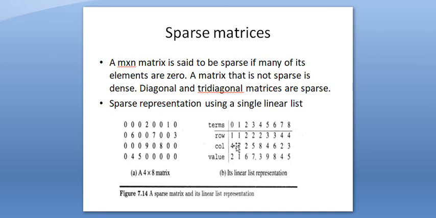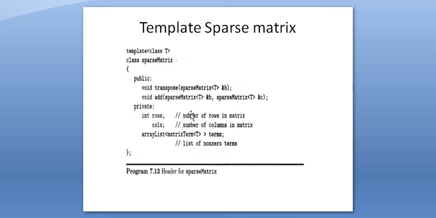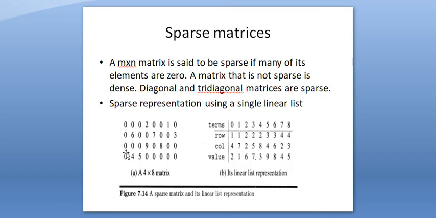Next we will look at the simple header. This was discussed once, so it does nothing special. And we have transpose and add functions for this sparse matrix. The reason the previous representation is not acceptable is that it takes more memory locations.